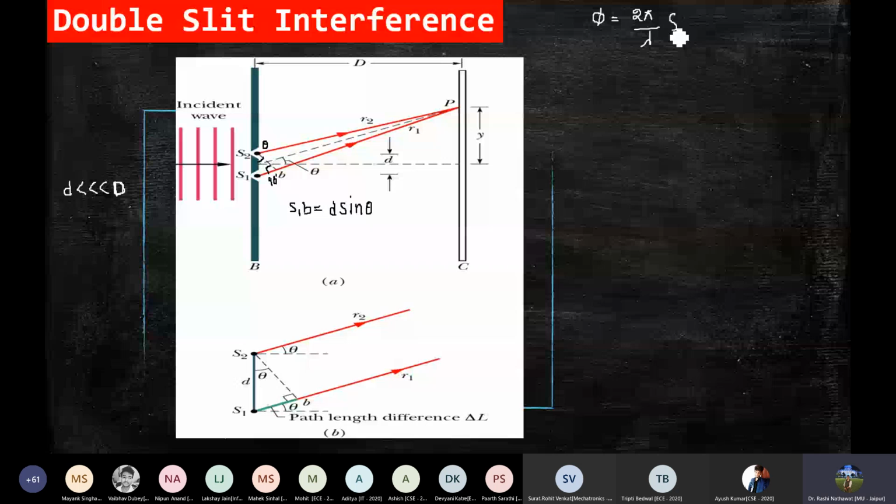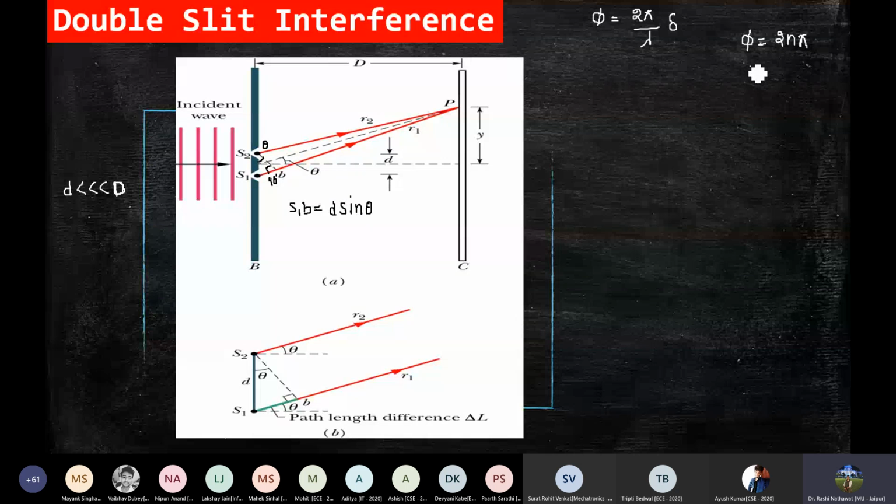Maybe 3 classes before we found the constructive and destructive interference, and the phi values for each. When phi is an integral multiple of 2 pi, that is 2n pi, we have constructive interference, and when phi is (2n plus 1) pi, that gives destructive interference.